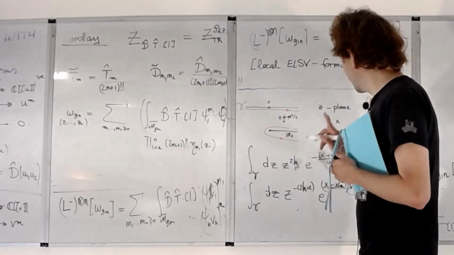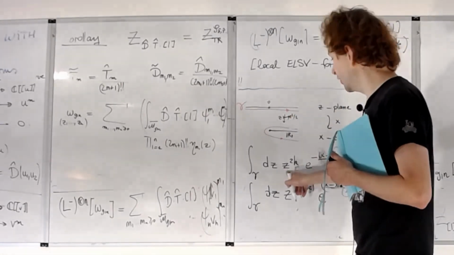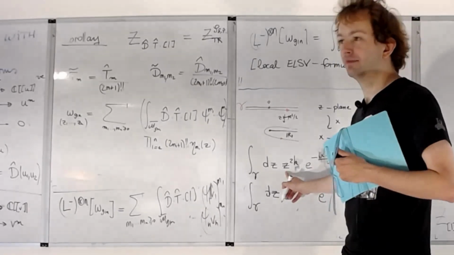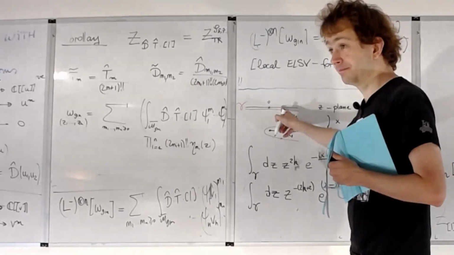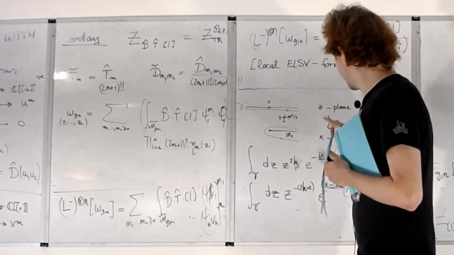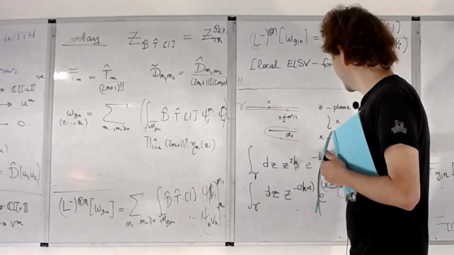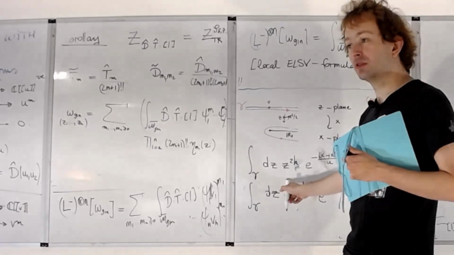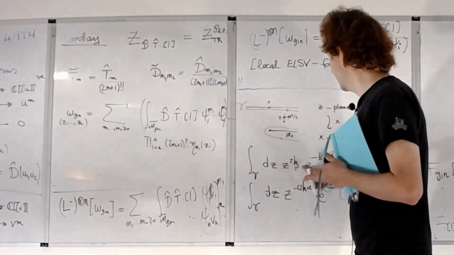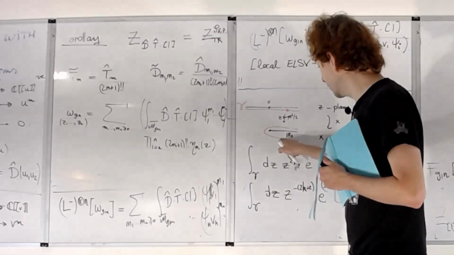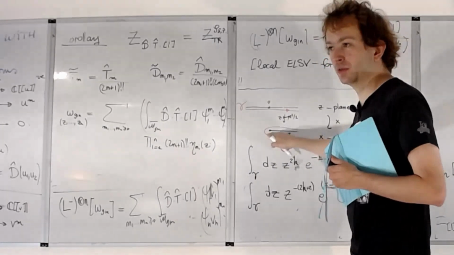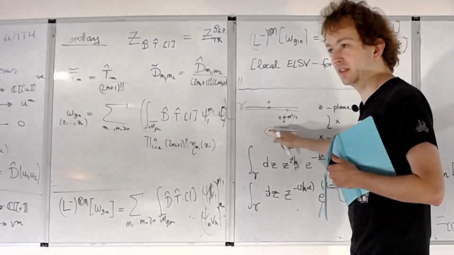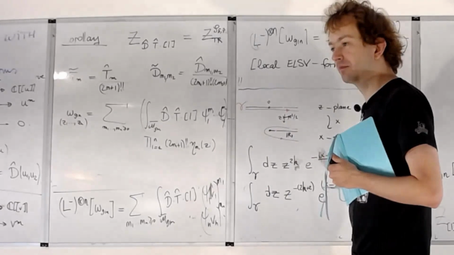So I'm computing these things on the spectral curve because they're a function of z. But you could say, well, I express everything in terms of x, and this is now an algebraic function involving the square root. So then you have to be careful if you want to write what is the sign of the square root on both sides. It can be different, and that means that it's non-trivial.